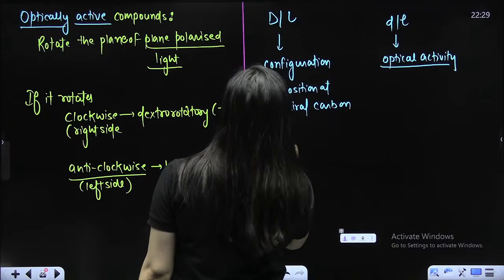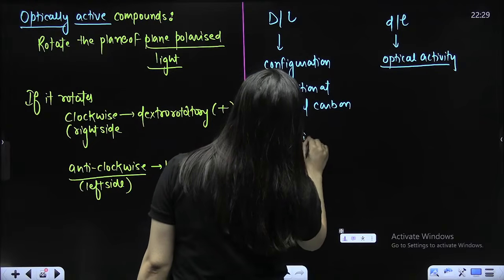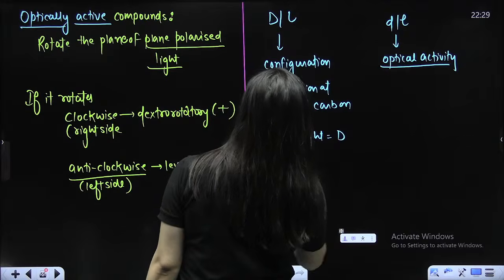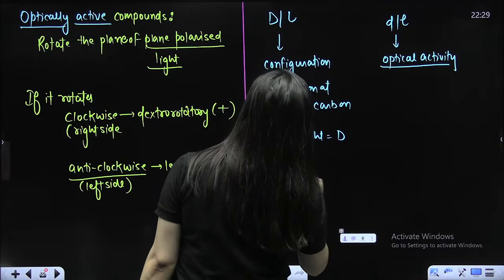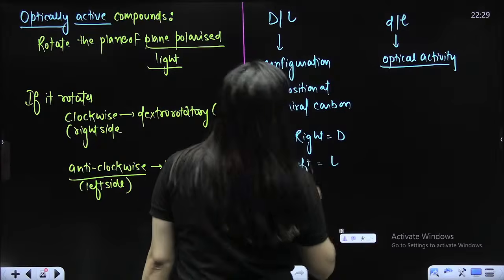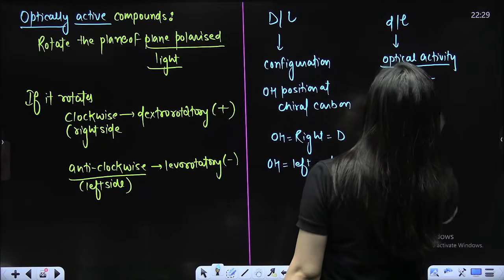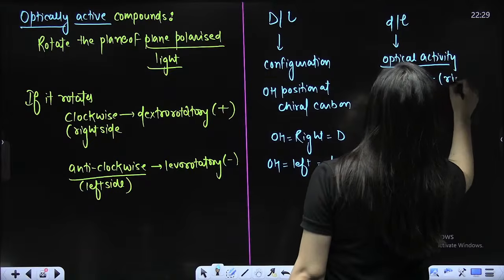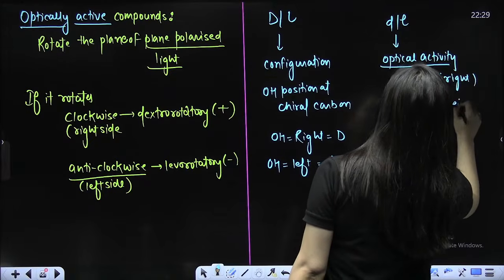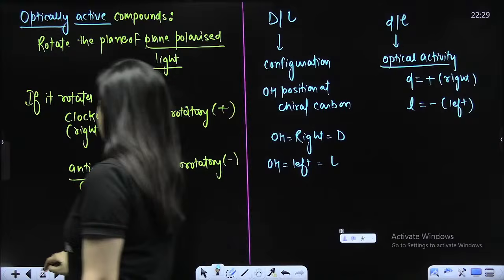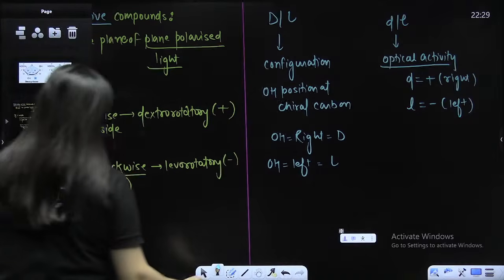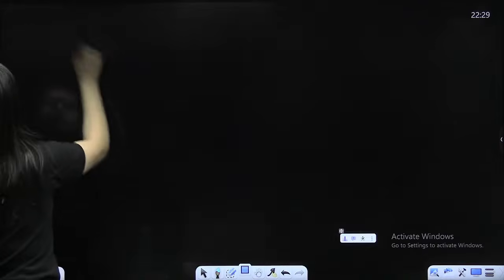If OH is on the right, that will be capital D. Small d you can also denote with plus, and small l with minus. It is for the right side, that is clockwise, and for the left side. That's it.